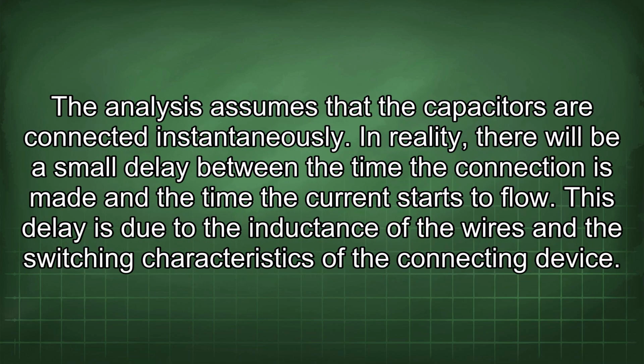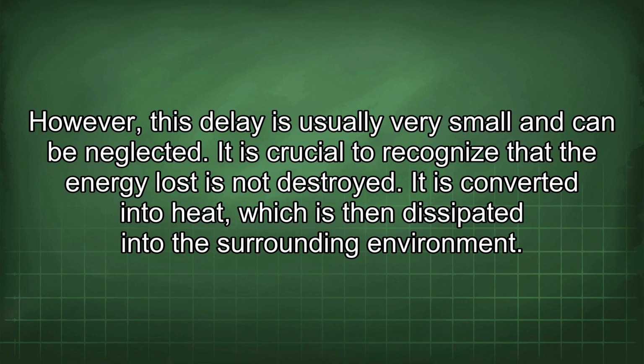The analysis assumes that the capacitors are connected instantaneously. In reality, there will be a small delay between the time the connection is made and the time the current starts to flow. This delay is due to the inductance of the wires and the switching characteristics of the connecting device. However, this delay is usually very small and can be neglected.